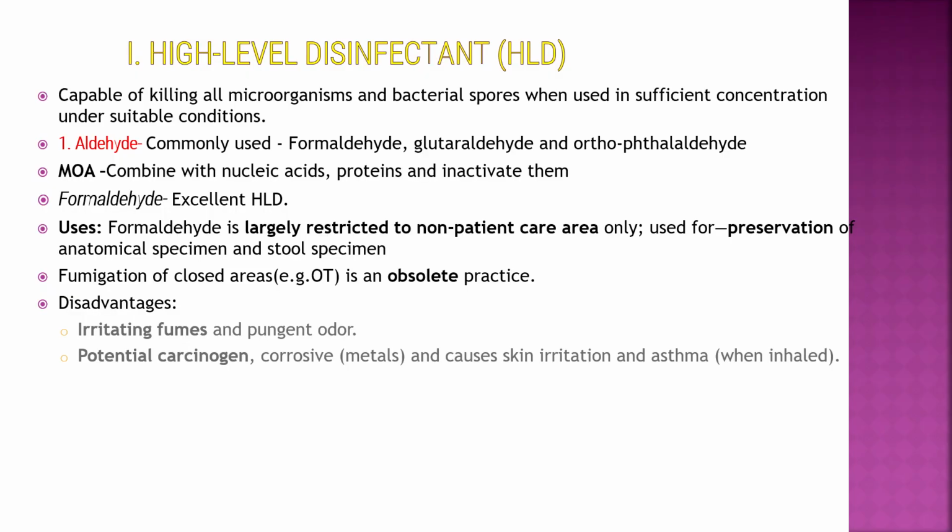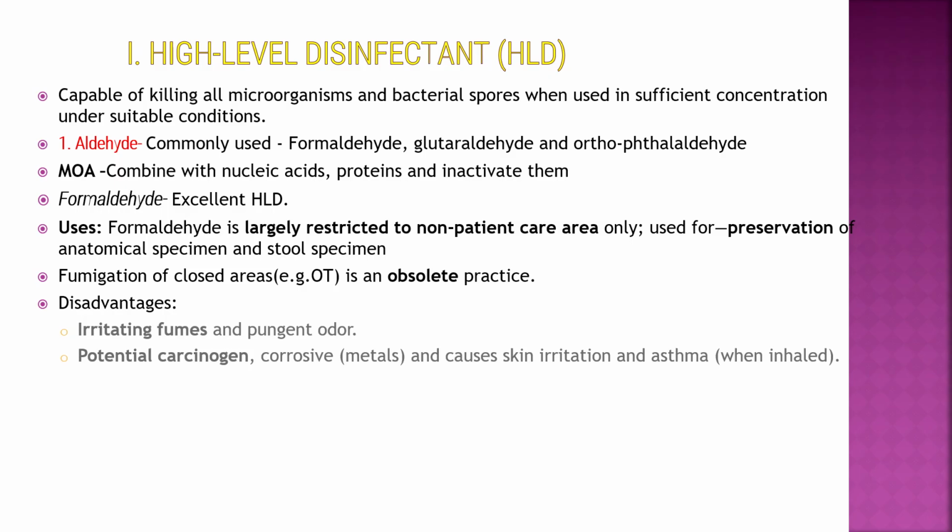So let's see the disinfectants. First is high level disinfectant, capable of killing all microorganisms plus bacterial spores. First is the aldehydes, commonly used are formaldehyde and glutaraldehyde. The mechanism is that they combine with nucleic acids and proteins and inactivate them. Formaldehyde is an excellent high level disinfectant.